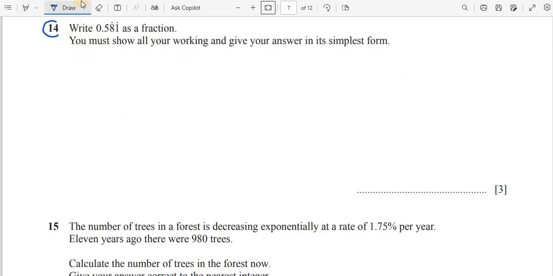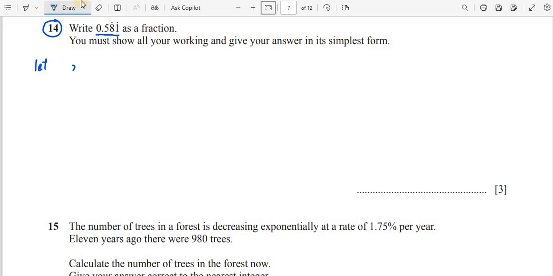Question number 14. Write 0.581 with 81 repeated as a fraction. You must show all your working and give your answer in simplest form. So first of all, this is a decimal number.